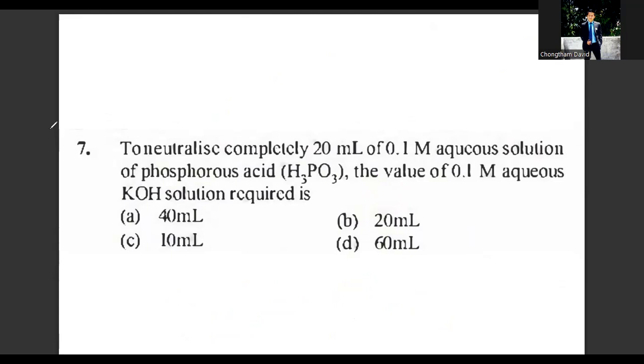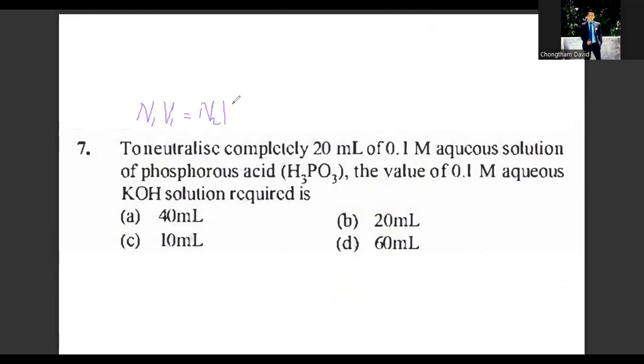Let's read question number 7. To neutralize completely 20 ml of 0.1 aqueous solution of phosphorus acid, H3PO3, the volume of 0.1 molar aqueous potassium hydroxide solution is. So you need to find this answer by using the normality equation which you have learned.